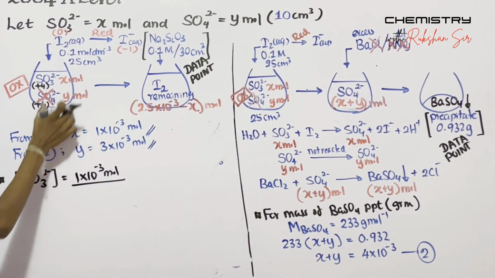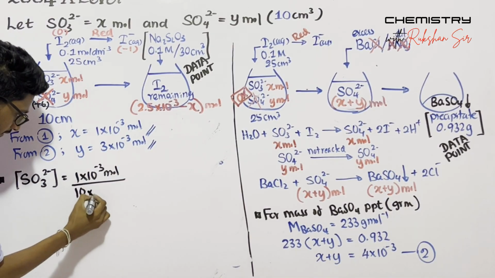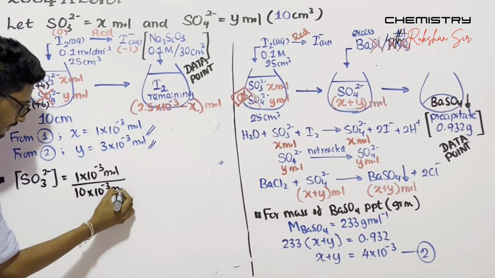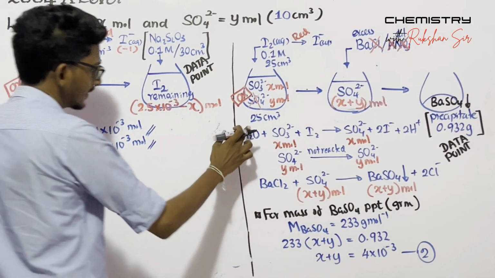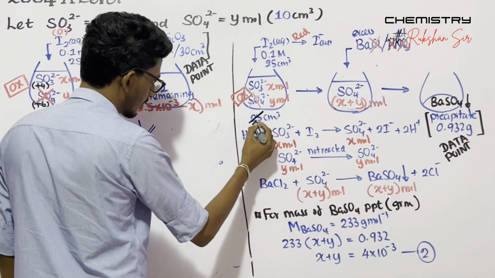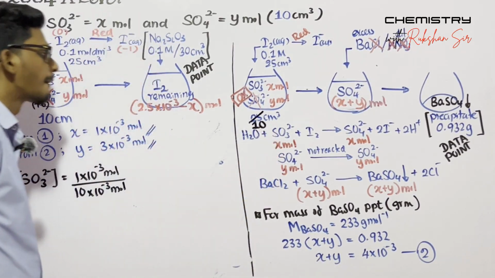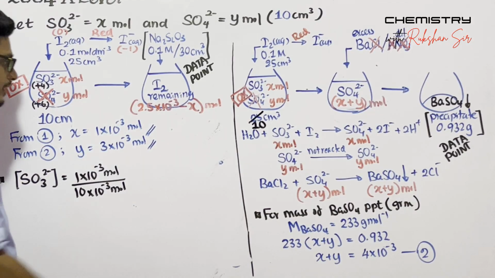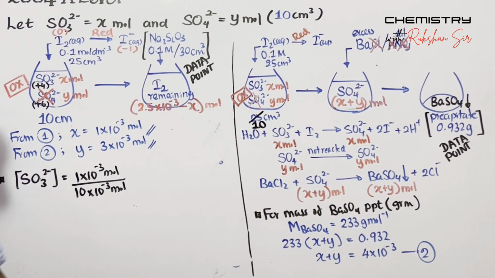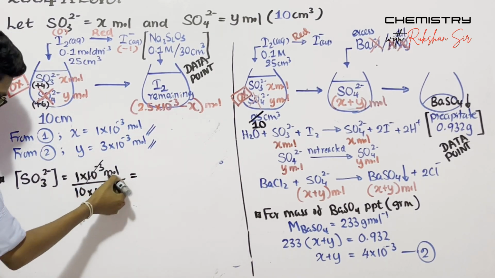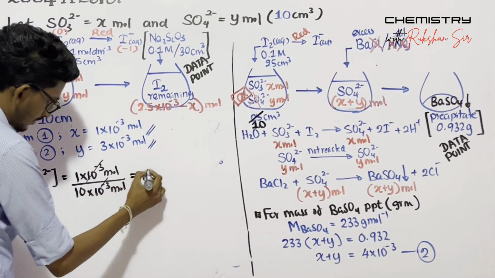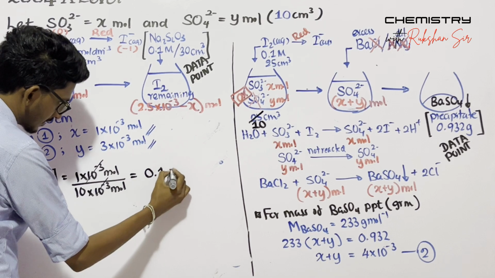Sorry, the X moles were inside 10 cubic centimeters, the same solution that was taken earlier. These two will cancel off to give you 0.1 as the concentration.